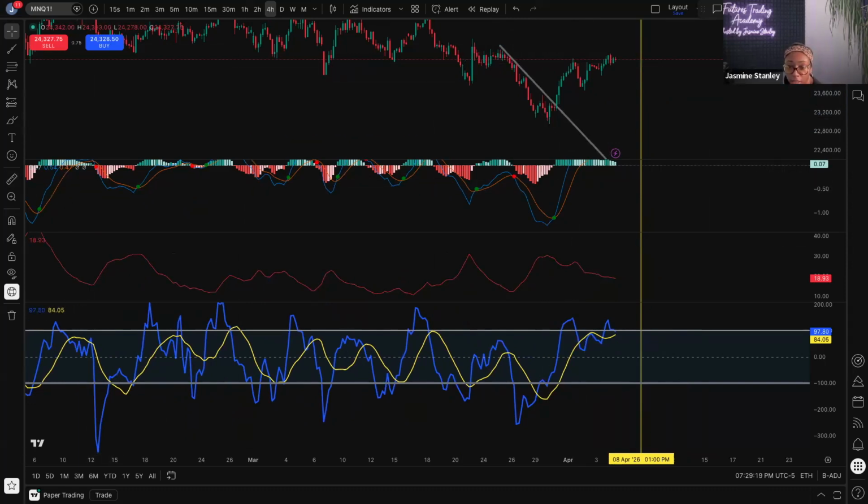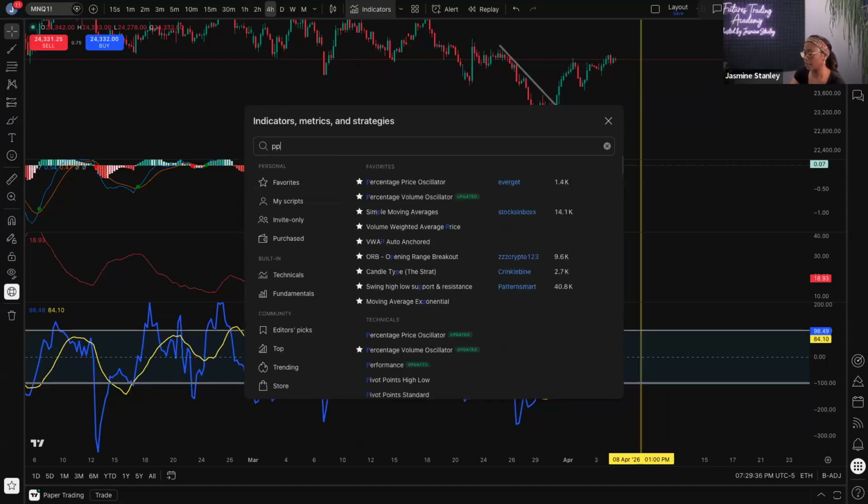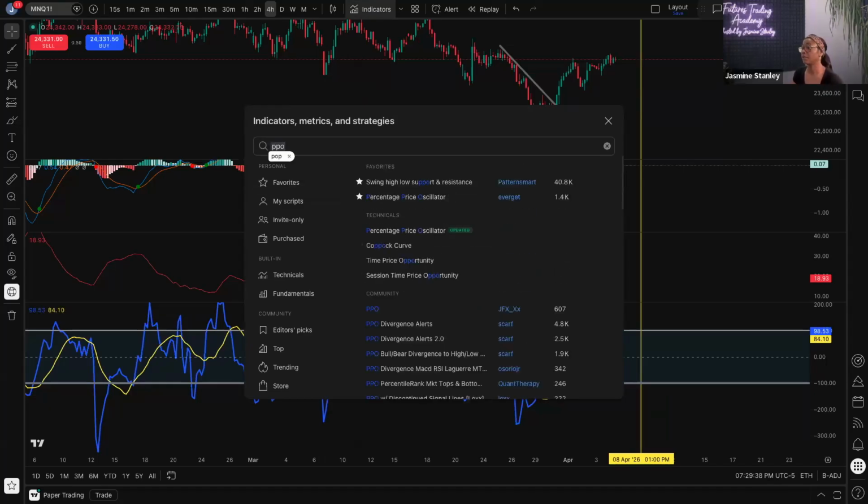Kia, can you show again how to add them? Okay, right here. Indicator, go to indicator. And go to PPO. Well, what's first? Yeah, PPO. Type in PPO. Literally PPO.